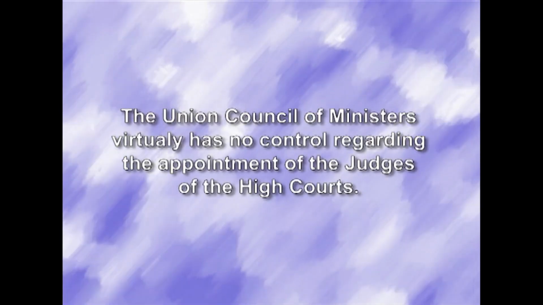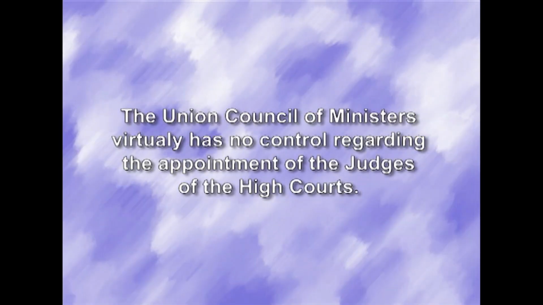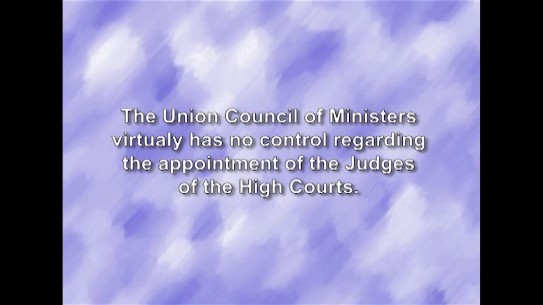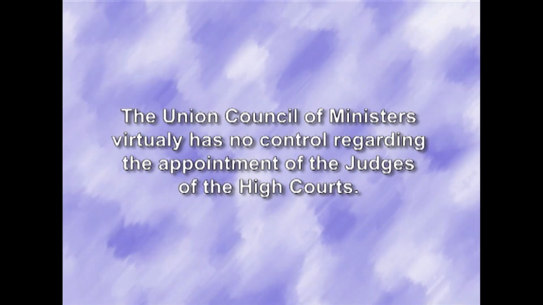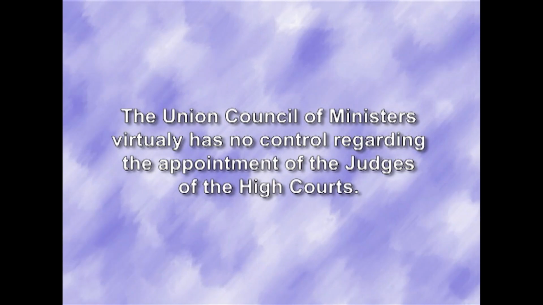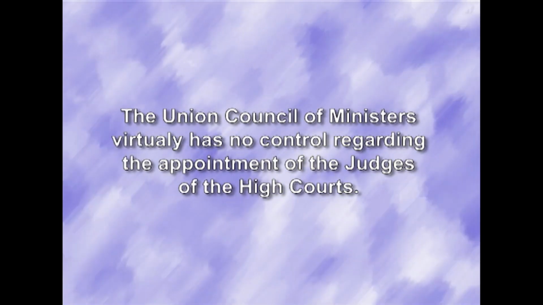So this is how the judges of the High Courts are appointed after 1993. So the Union Council of Ministers virtually has virtually no control regarding the appointment of judges of the High Courts.